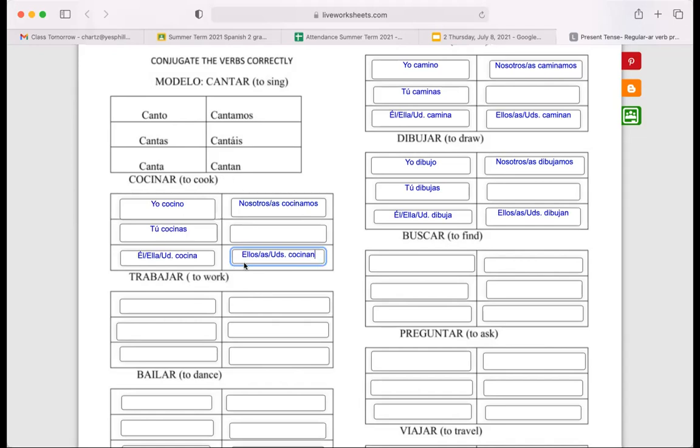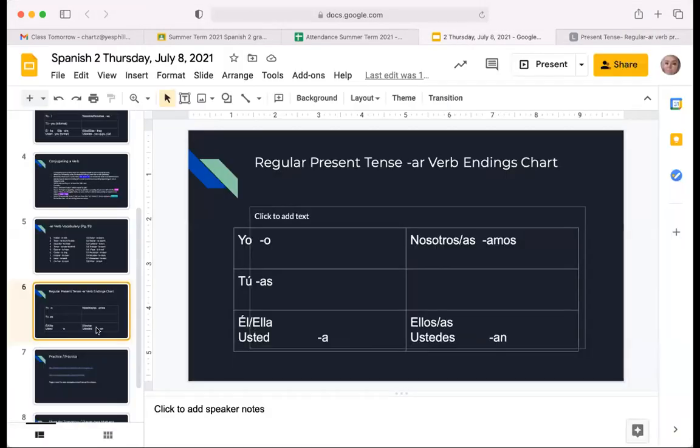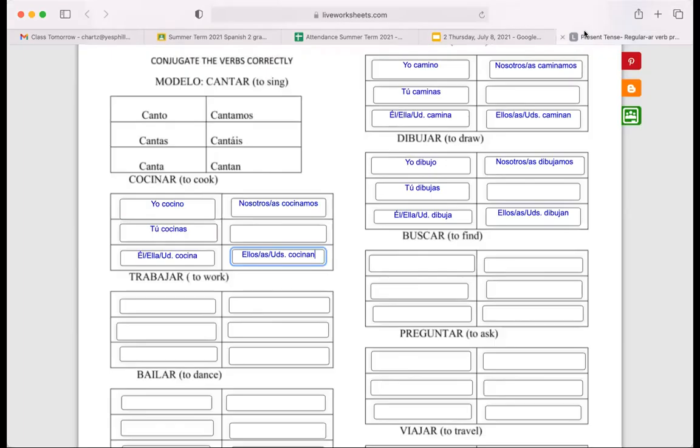Okay, and then remember for the ellos, ellas and ustedes form, we add an AN. So for that one, it's cocinan. Does this kind of make sense what I'm doing? Yeah. Okay, all right.